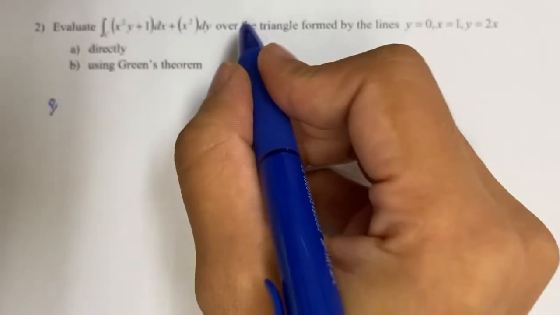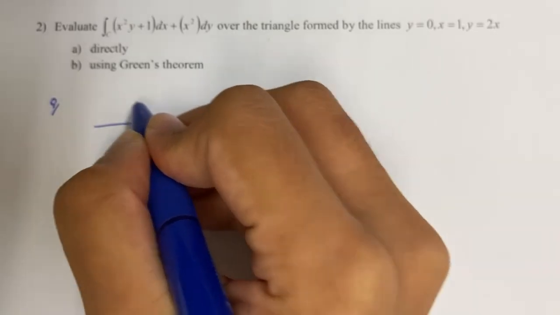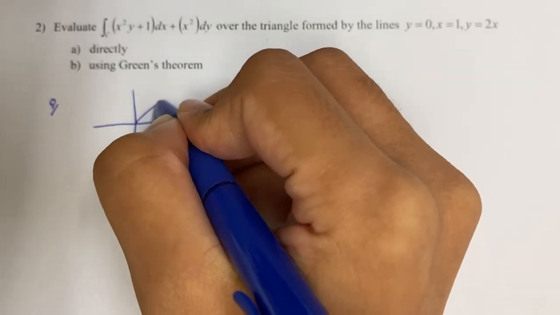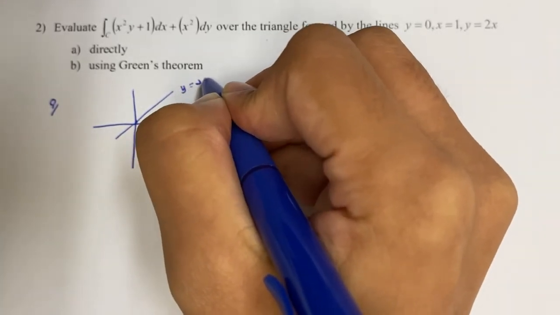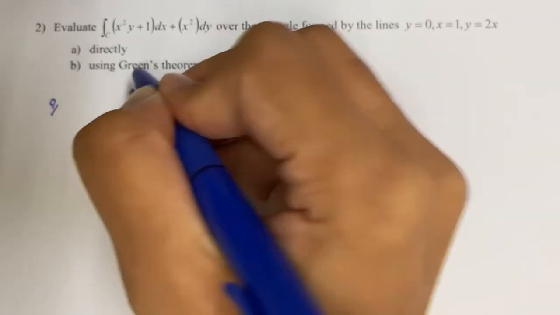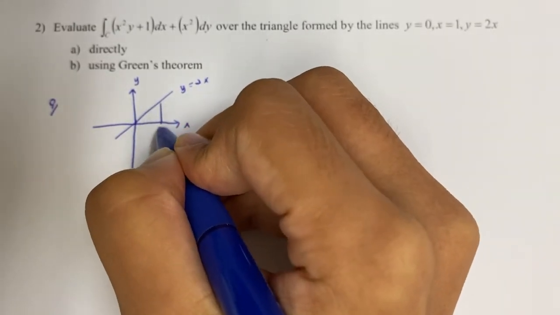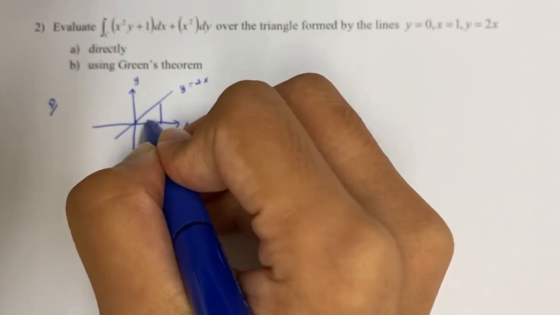Okay, so over the triangle formed by lines, we have y equal to 0, x equal to 1, and y equal to 2x. So this is the line y equal to 2x. This is y and x. Then we have x equal to 1 and y equal to 0. So this is the line.